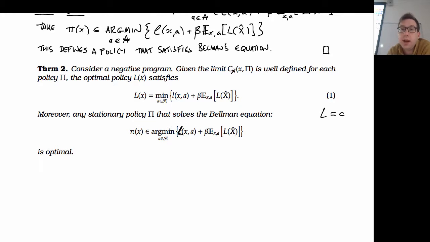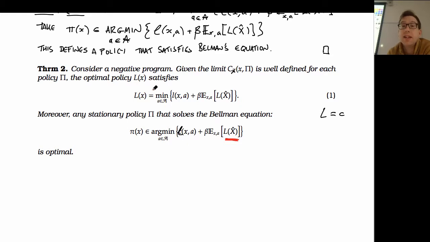And the one thing to highlight here is notice that I've assumed that this is the optimal value function in here. I haven't put in some other function. You need to have found the optimal value function first and then check that the policy that you come up with satisfies this in order to get the optimal policy. So before, I could just take any function like r, and it had to satisfy this. It didn't need to be the optimal value function. I just needed to find something that solved this, and then I could do this bit.